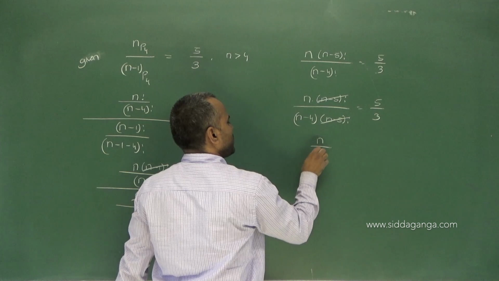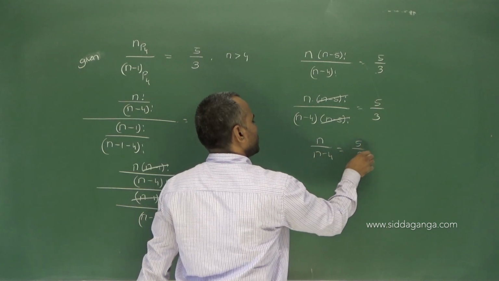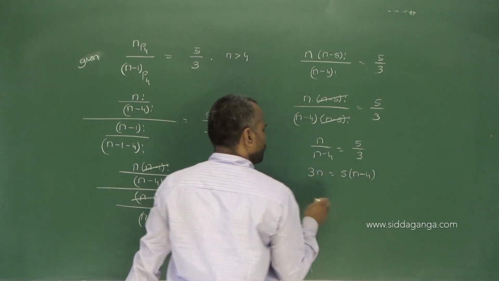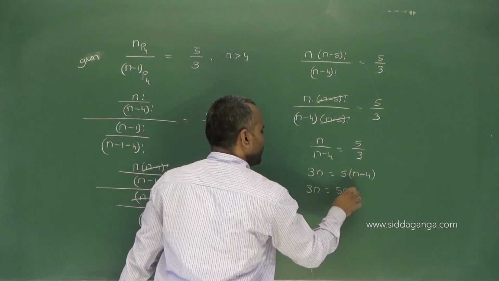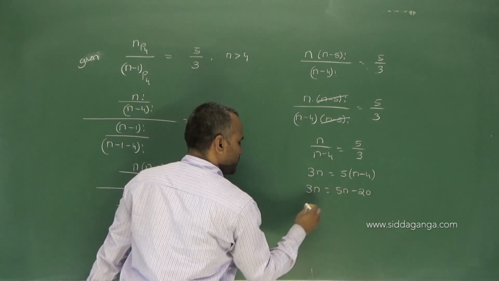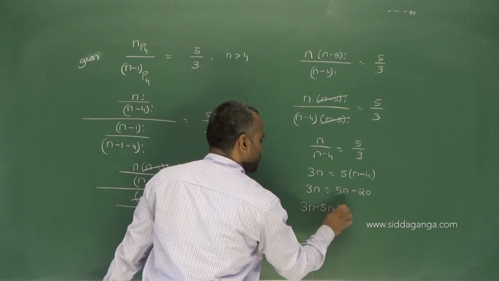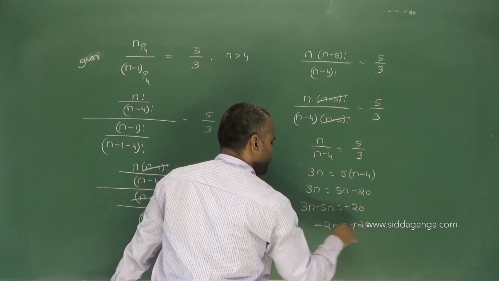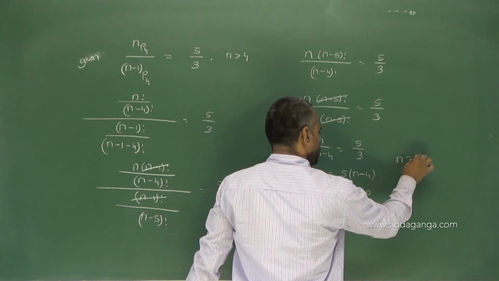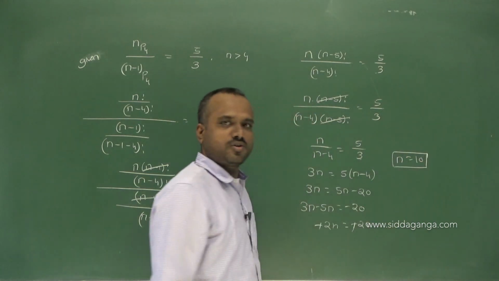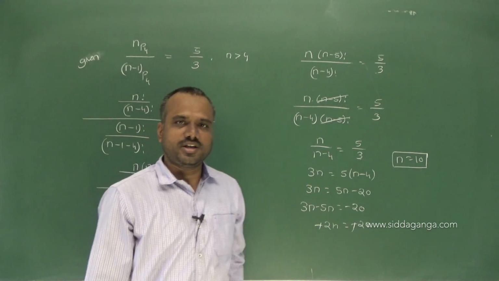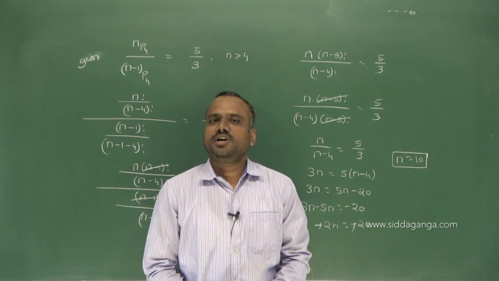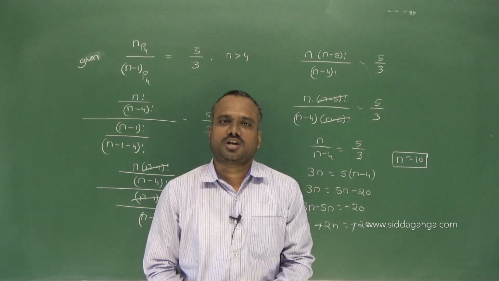So n divided by n minus 4 is 5 divided by 3. Cross multiplying, 3n is equal to 5 into n minus 4. 3n is equal to 5n minus 20. Shifting, 3n minus 5n is equal to minus 20. Minus 2n is equal to minus 20. Minus minus gets cancelled. So n is equal to 10. The value of n is 10. Correct? Up to this we stop. We continue the remaining problems in the next class. Thank you.